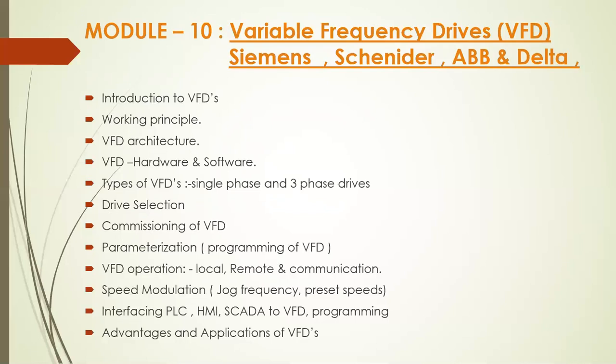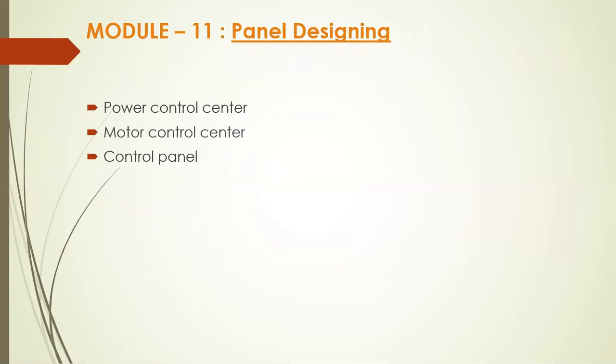Similar example, like your ceiling fan. If you do not have a regulator for the ceiling fan, we cannot use it in all the seasons. So this is a very important product when it comes to automation. So we'll be covering right from introduction, working principle, and then parameterization, commissioning, advantages, till applications in this module.